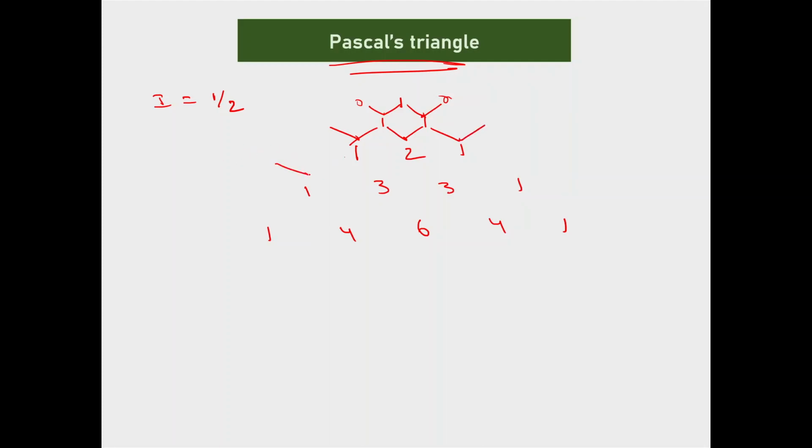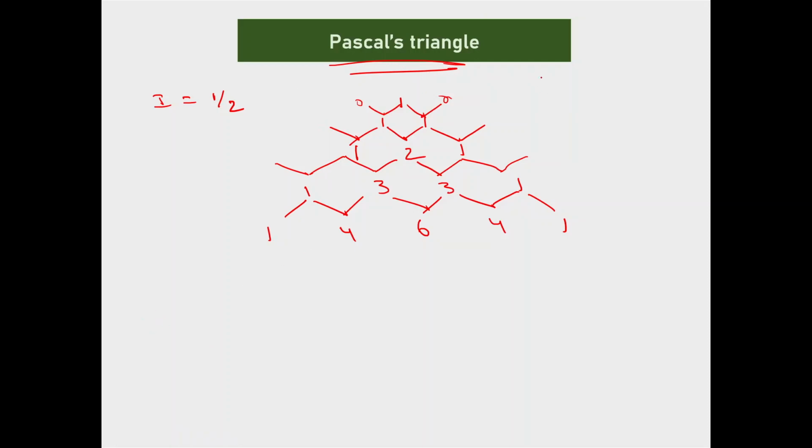Again this will be 1. 1 plus 2 is 3, 2 plus 1 again 3, then 1. Then 1, 1 plus 3 is 4, 3 plus 3 is 6, 3 plus 1 is 4, and here 1. Like this, it will go on and on.